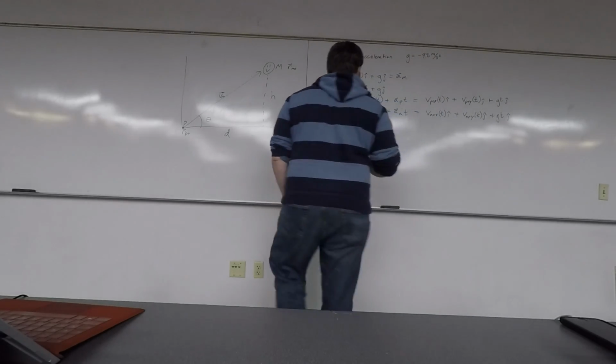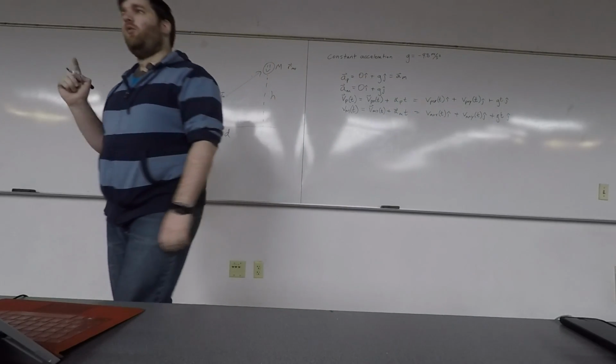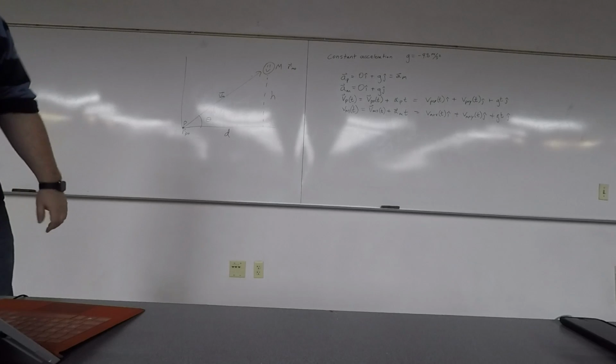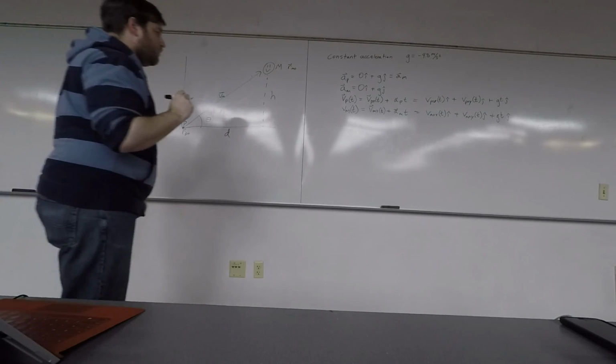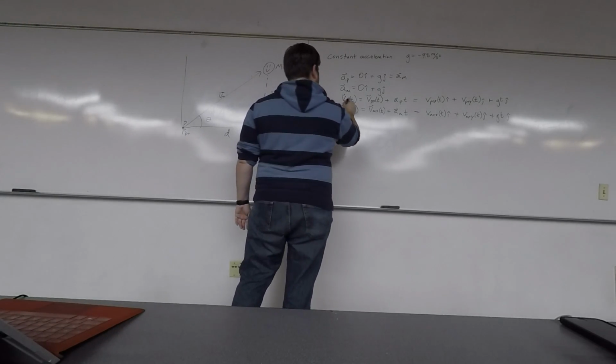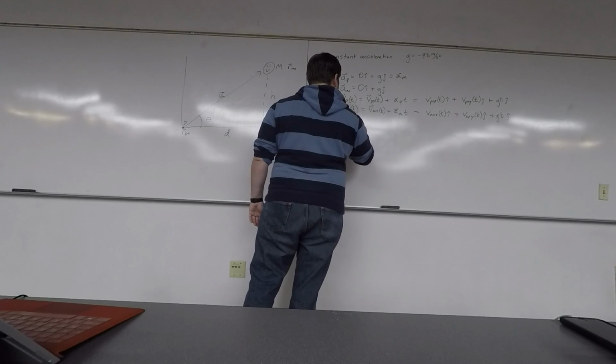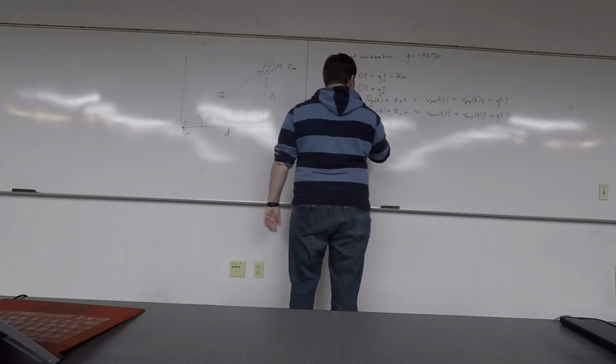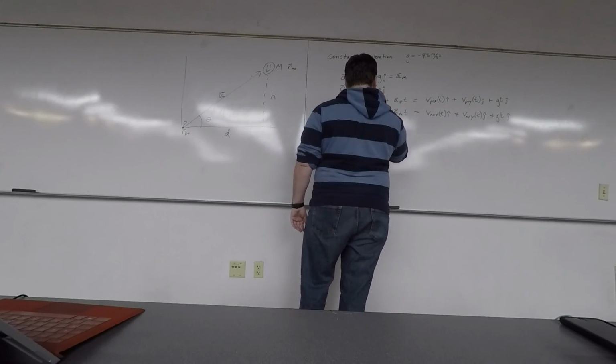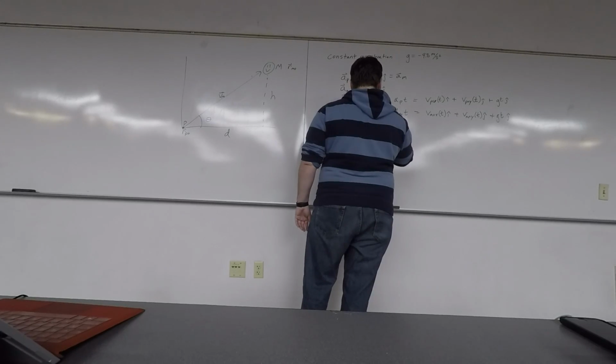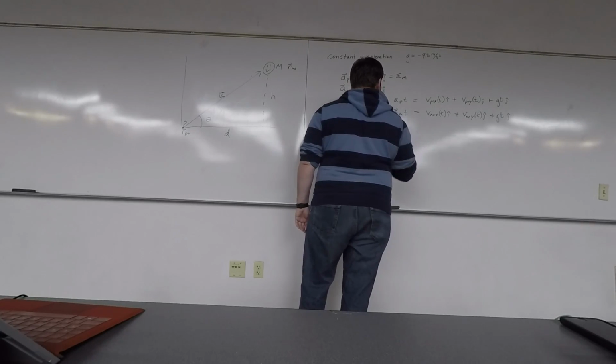Okay, so the point at which the projectile touches the monkey will be when r monkey of t equals r projectile of t.